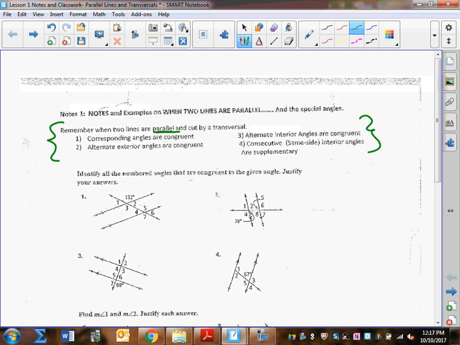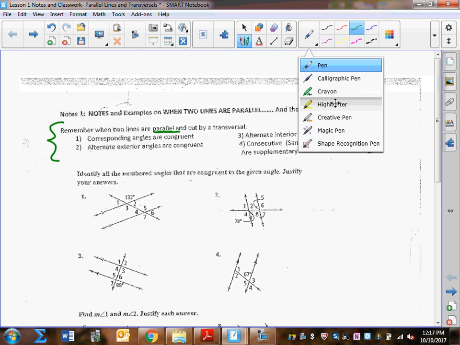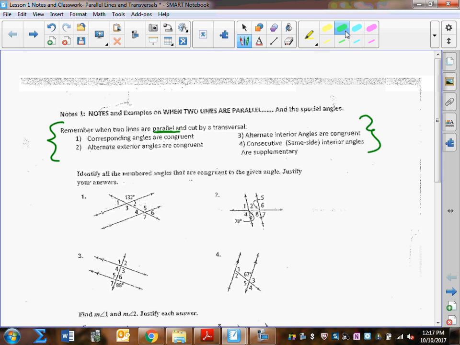Okay, so let's take a look at number 1. It says identify all the numbered angles that are congruent to a given angle and justify your answers. So for number 1 here, we're taking a look at this angle that's 132 degrees, and they want us to identify what other angles are congruent.